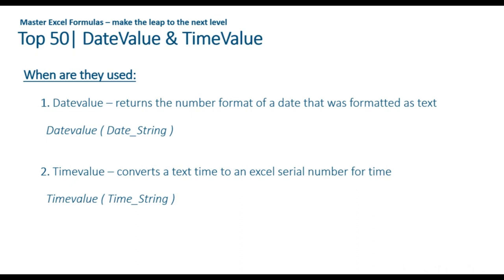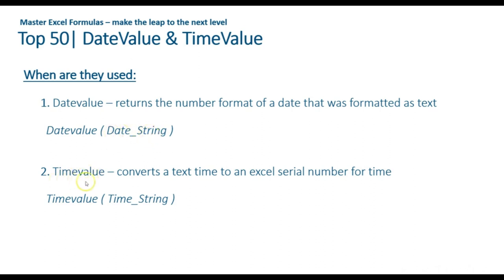The next set of formulas are the date value and time value. The date value will return the number format of a date that was formatted as text. I know it might sound a little bit complicated right now, but I'm sure the example will show you what I mean.